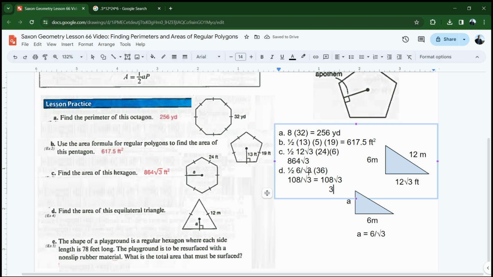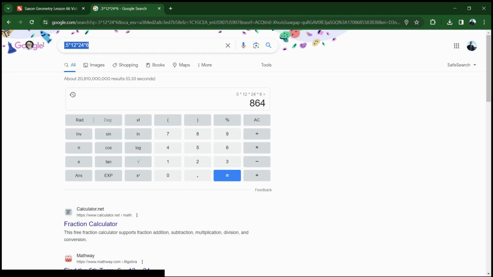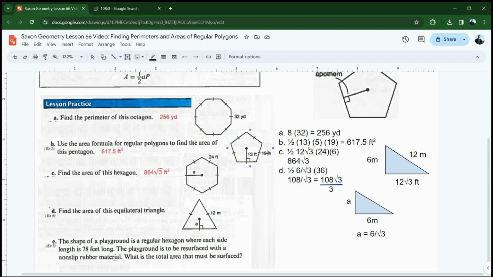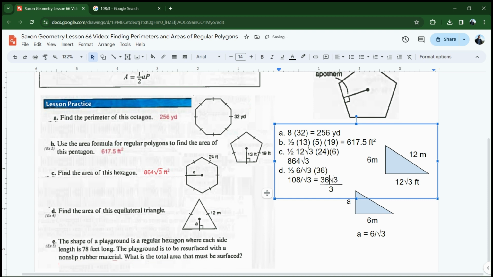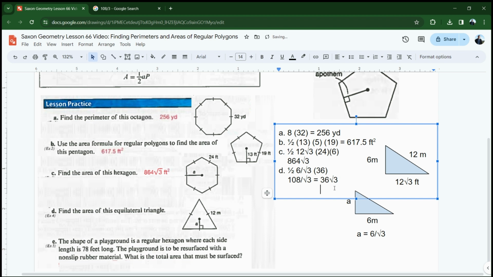I could do 108 divided by 3 off the top of my head, but I'm just going to use a calculator. 108 divided by 3 is 36. So in its simplified form, this just becomes 36 times the square root of 3. End of story.